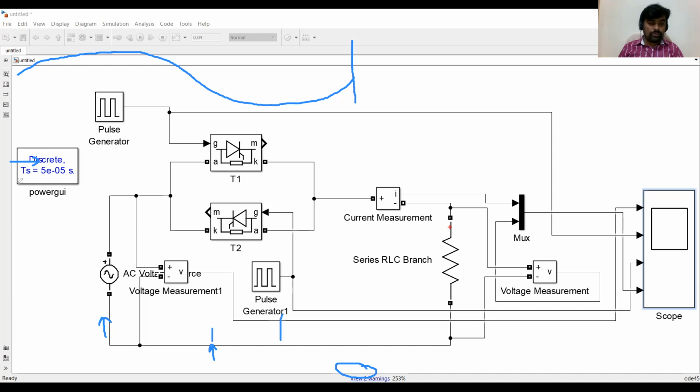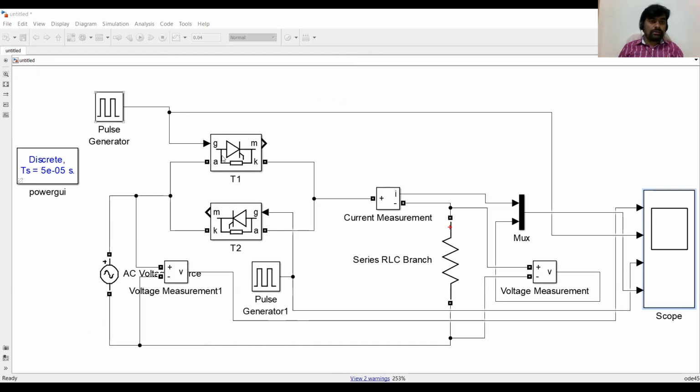You can see the output current wave shape, which is in phase with the output voltage wave shape. So like that, I can trigger the thyristors at the required time and get the required output voltage, which is AC. We are controlling just voltage, right?